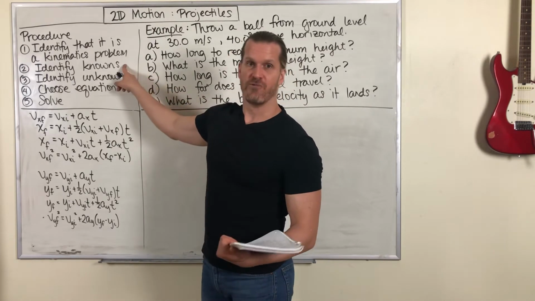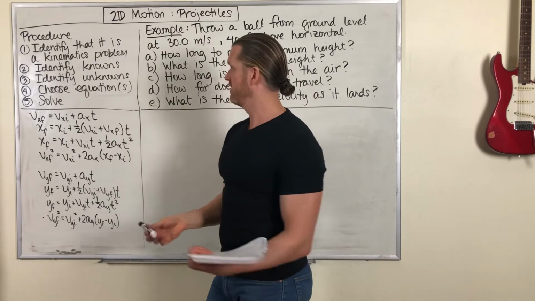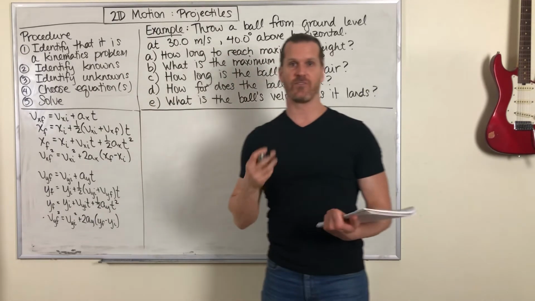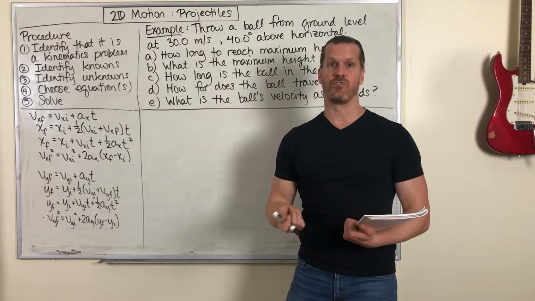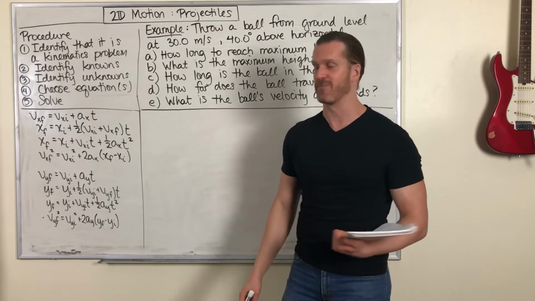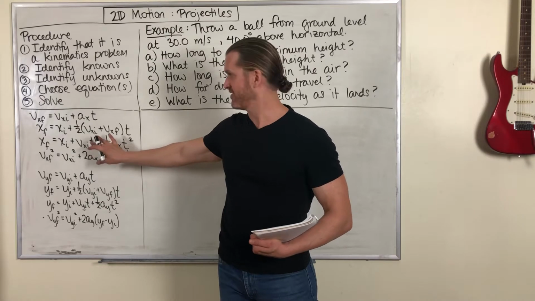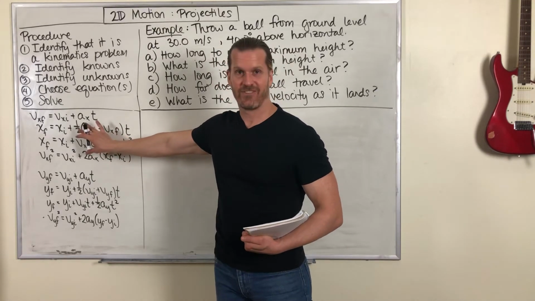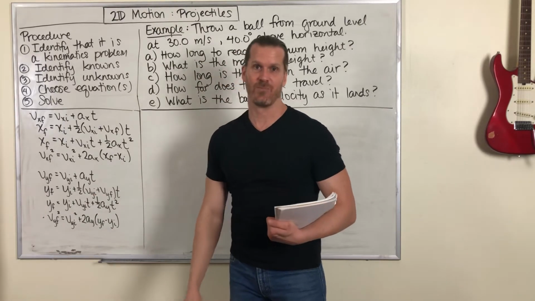Then we identify our known quantities, identify our unknown quantities that we're solving for, choose the right equations to use, and solve those equations. The difference now is that we're in 2D, so we actually have 2 sets of kinematic equations. We have those 4 kinematic equations for the x component and the y component.